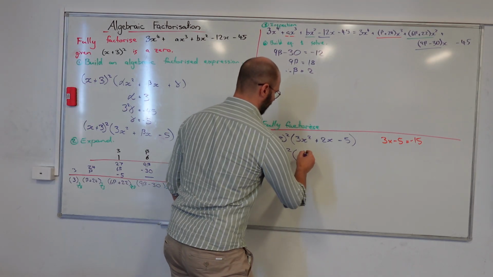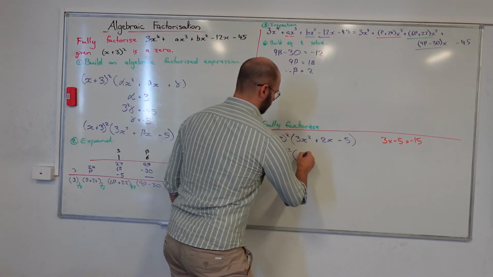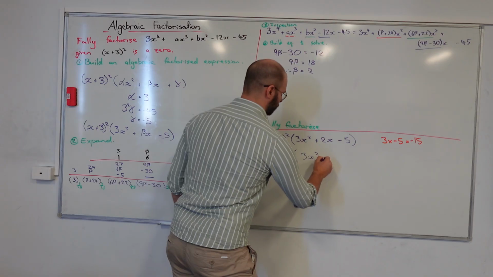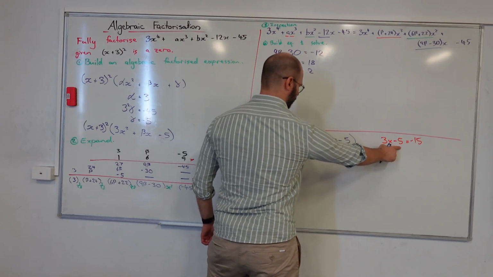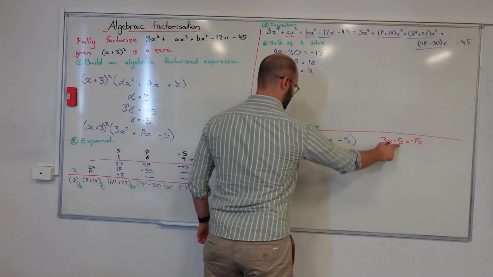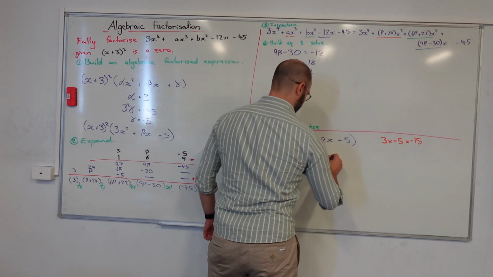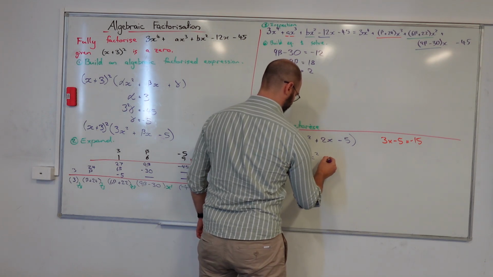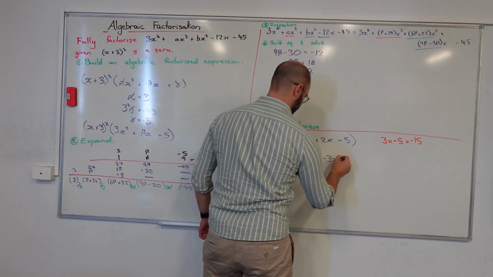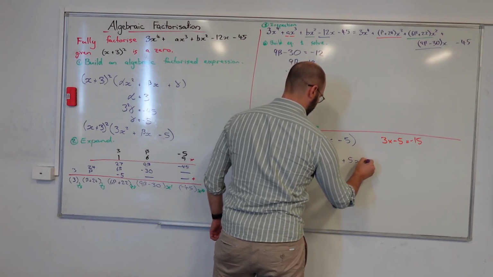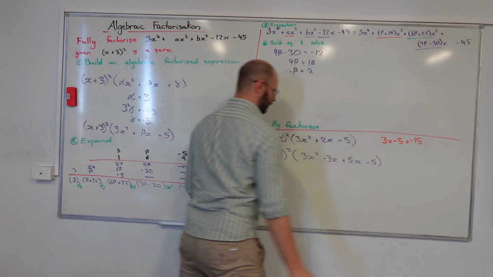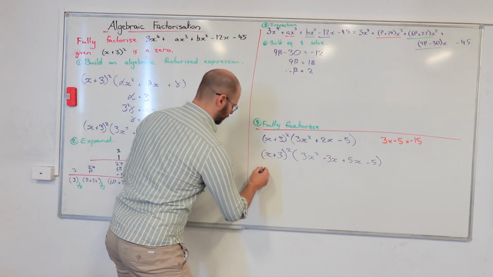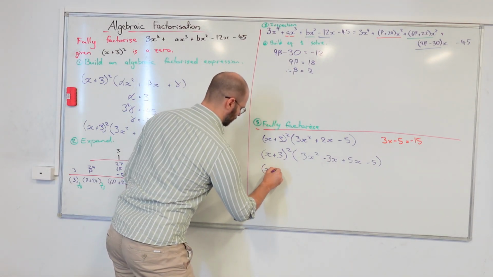Okay, so we're going to get, in the bracket here, 3x squared plus, this one should be negative 3. This should be 5. This should be 5, of course. And then we can simply just factorize this on 2 more lines.